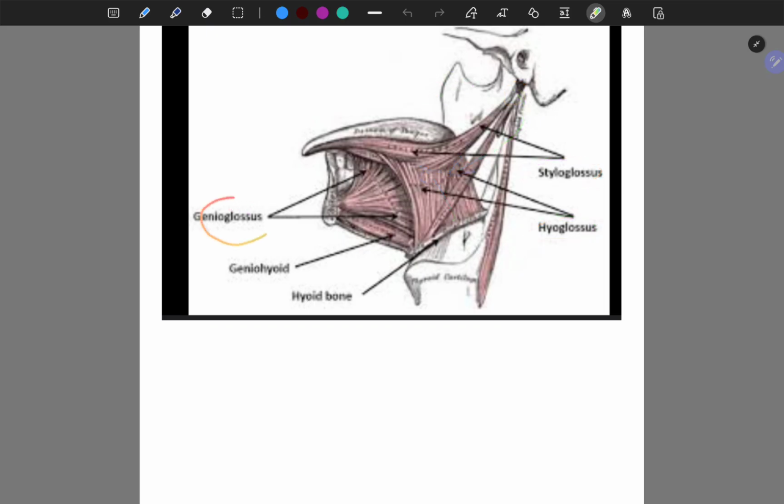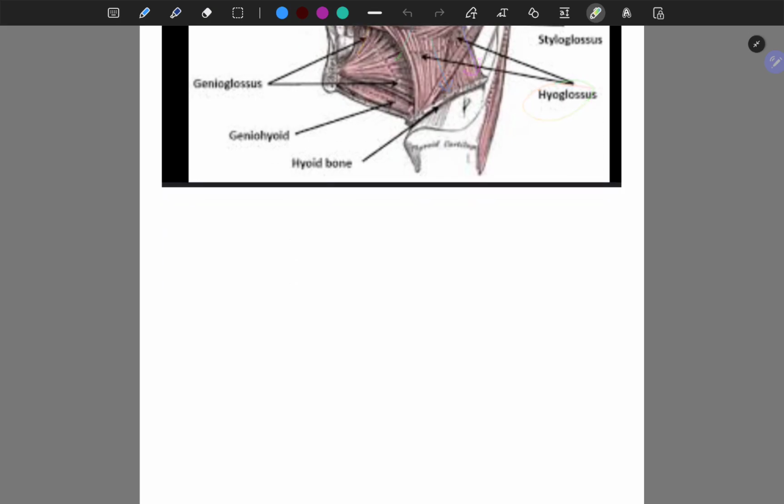If genioglossus contracts, it will protrude the tongue. This is the safety muscle of the tongue. Styloglossus, if it contracts, will retract the tongue. Hyoglossus will depress the tongue. Palatoglossus will elevate the tongue.